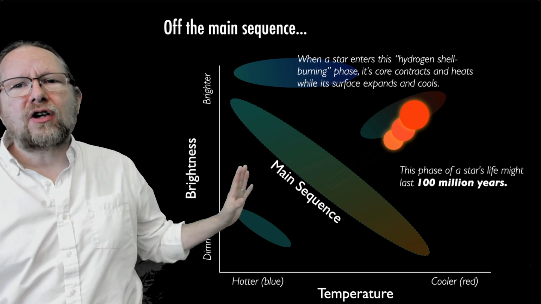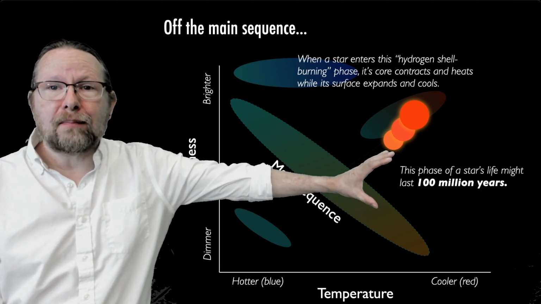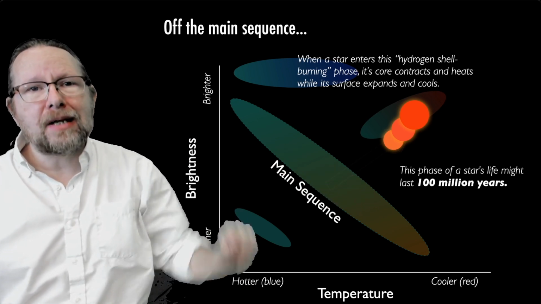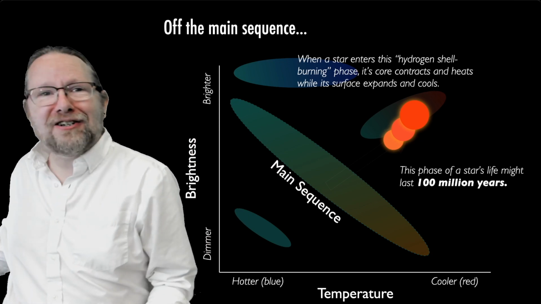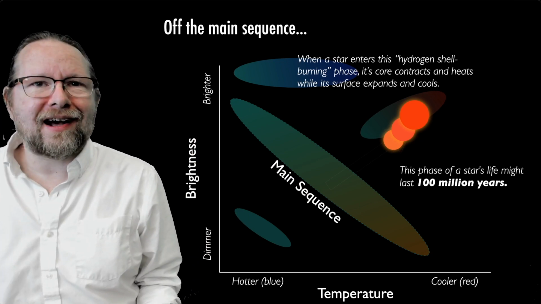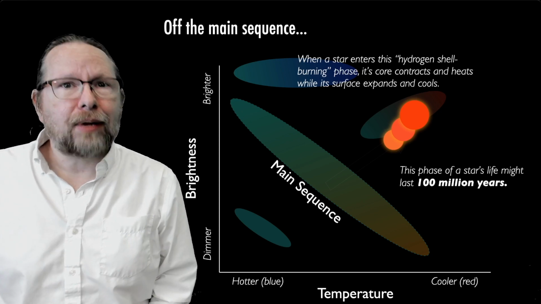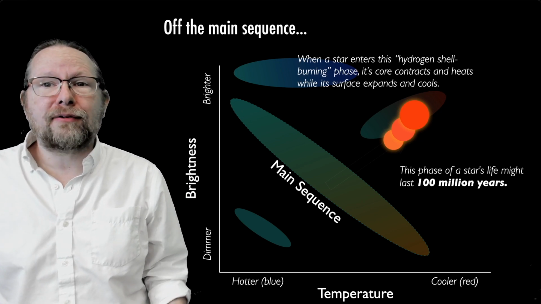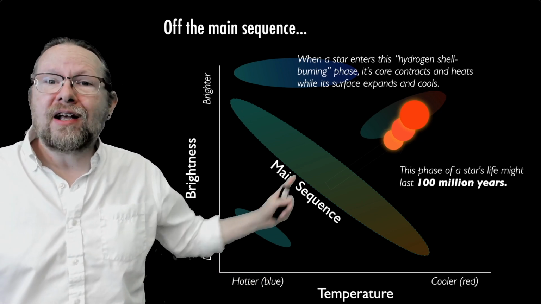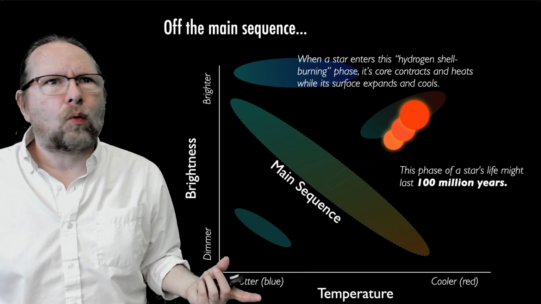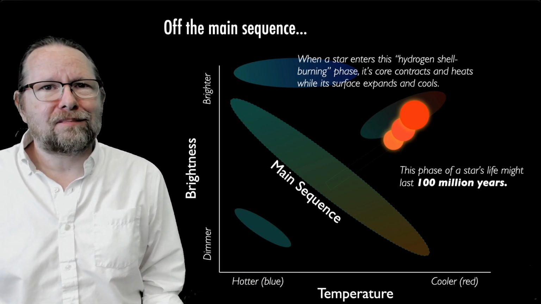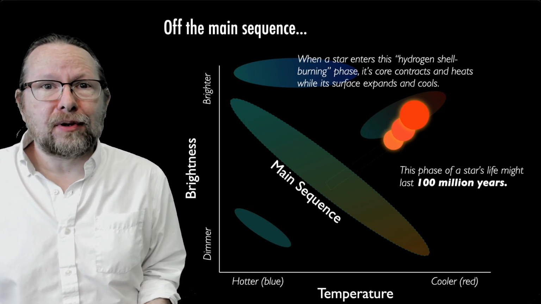This phase of the star's life is very short. It might last for only 100 million years. Now, 100 million years seems like a long time to you and I, and it is a long time. But to a star that has now lived for 10 billion years, this is only 1/100th of its lifetime, right? The sun's 5 billion years old now.